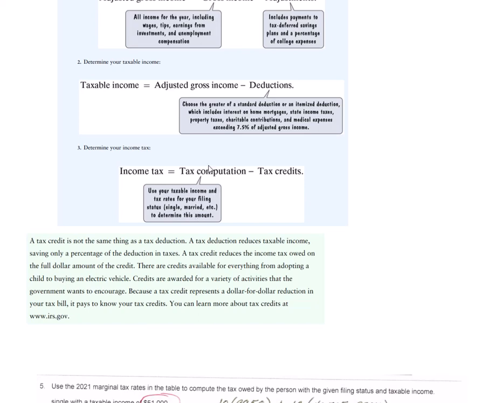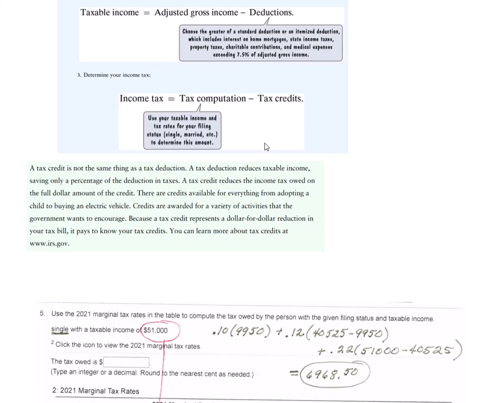I will take time to explain this computation. You subtract off tax credits. Now, tax credits, these are subtracted off of the actual taxes owed to reduce your tax liability. Not before.